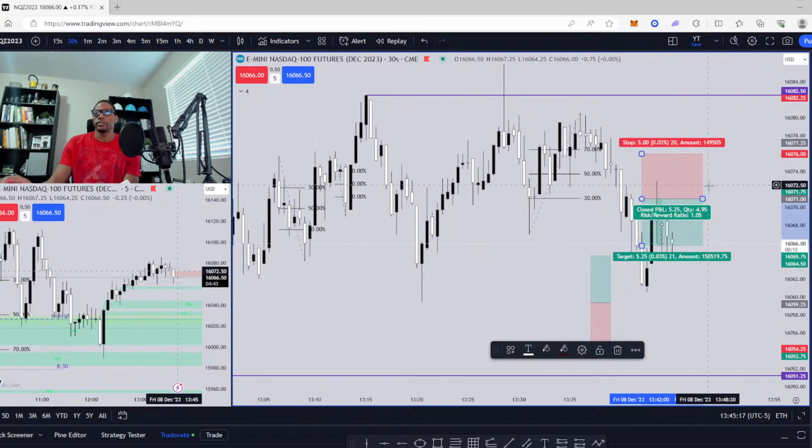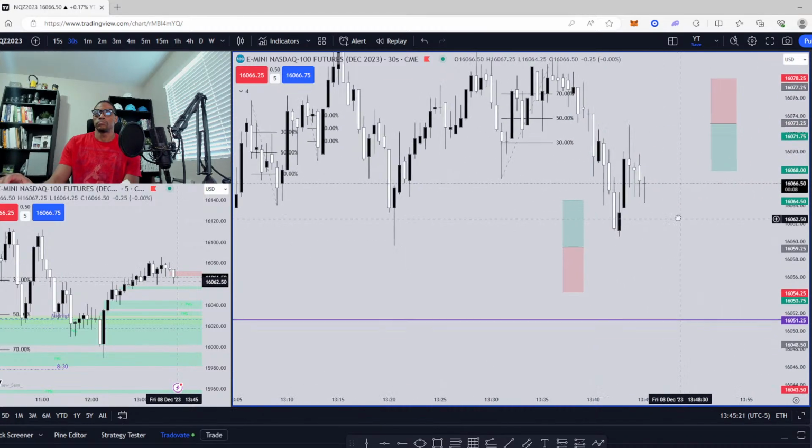Not that we're switching our bias, but we just want to be aware of it. Let's see how price continues to develop and see if we get lower prices.